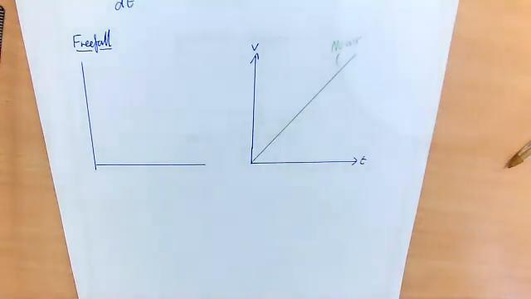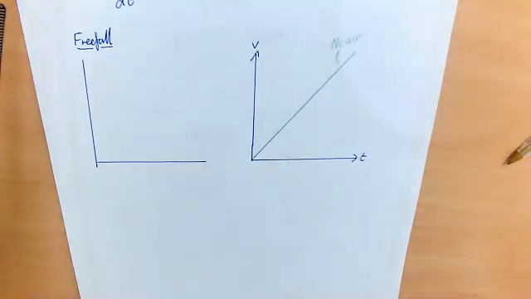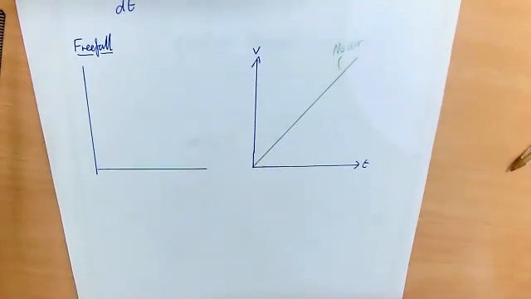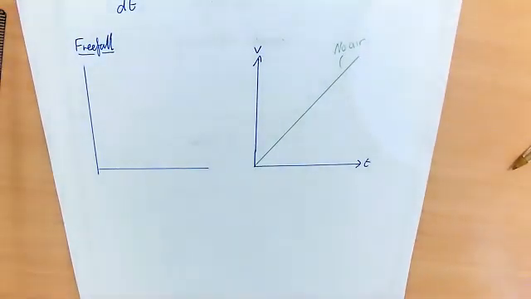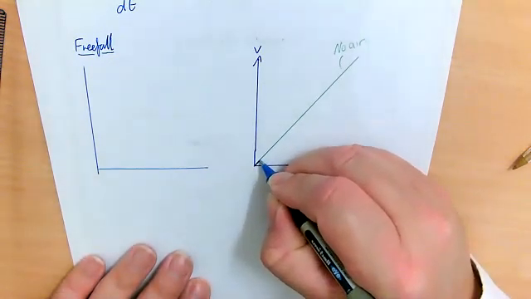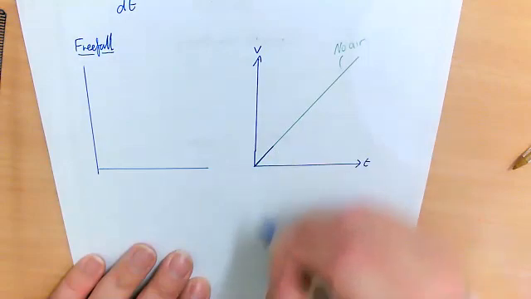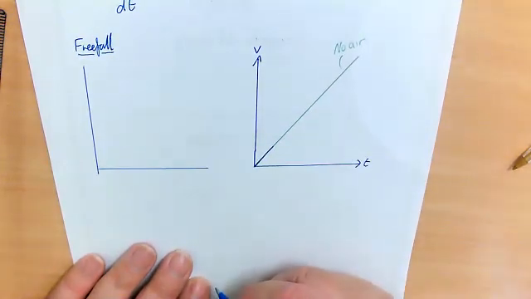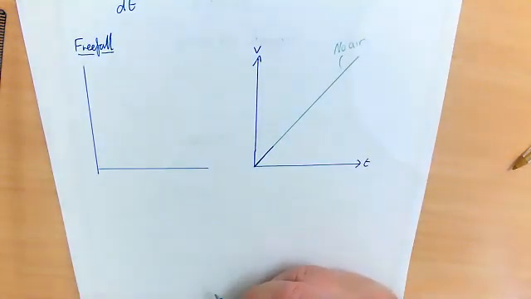But what actually happens in the real world is that things accelerate at the beginning when there's very little air resistance. The faster you go, the more air resistance there is. So at the beginning of a free fall, an object will accelerate at a constant rate. Now, as it starts to accelerate, its speed through the air is greater, which means that the drag forces due to air resistance are also greater.